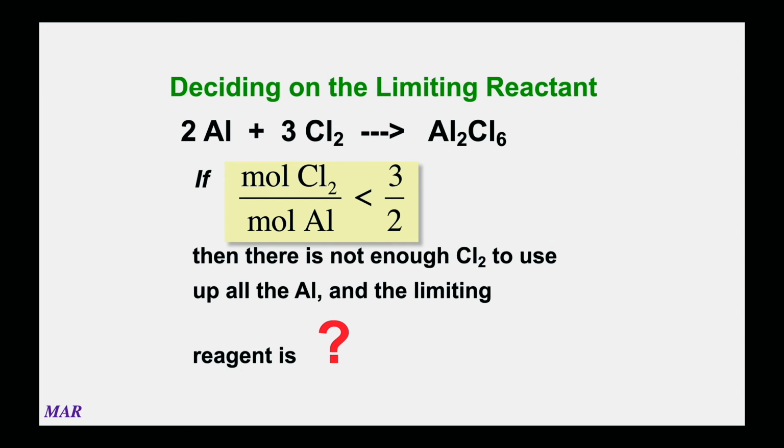So if the ratio is less than 3/2, that means in this case that your chlorine is the limiting reactant. So notice that the ratio method, it really depends on how you set it up. In this case, it was chlorine over aluminum. And if the ratio came out to be less than the stoichiometric ratio, then the limiting reactant was the top part. But if the ratio is larger than the 3/2 in this case, then it's the bottom part that's going to be the limiting reactant.